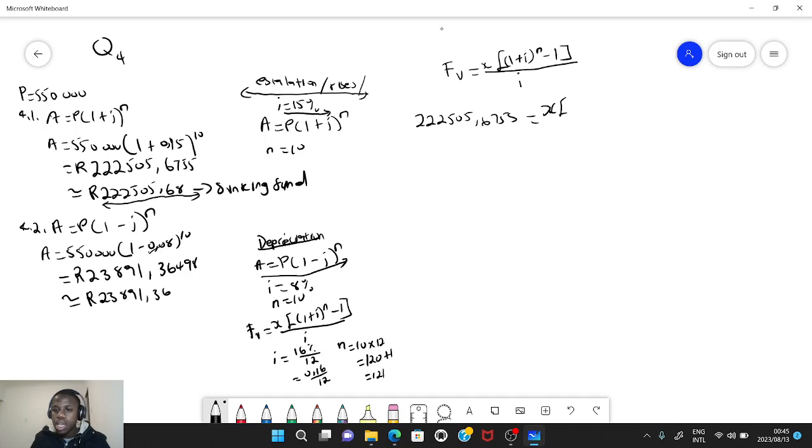And then I know I have one plus what. Here I have my interest because I've been told from the previous question, from the statement, right? Now the interest for the sinking fund will be as follows.